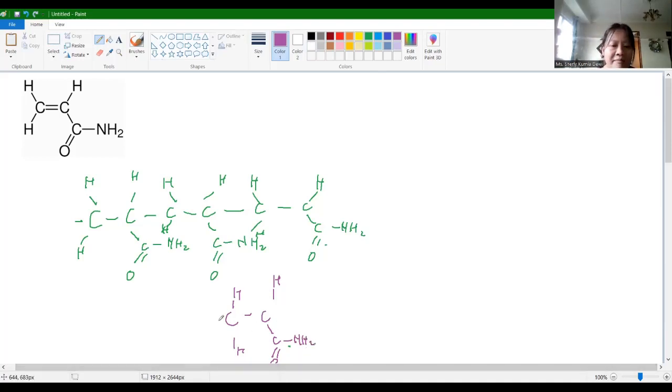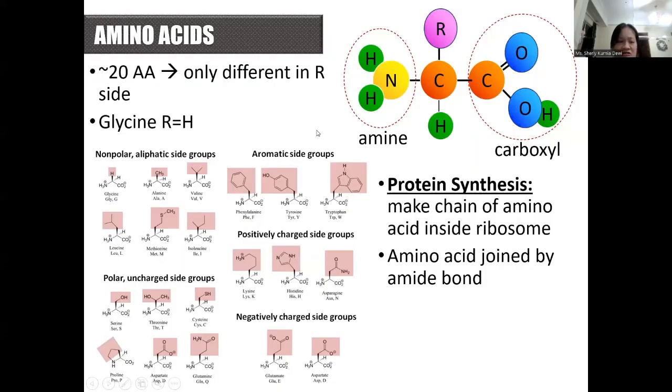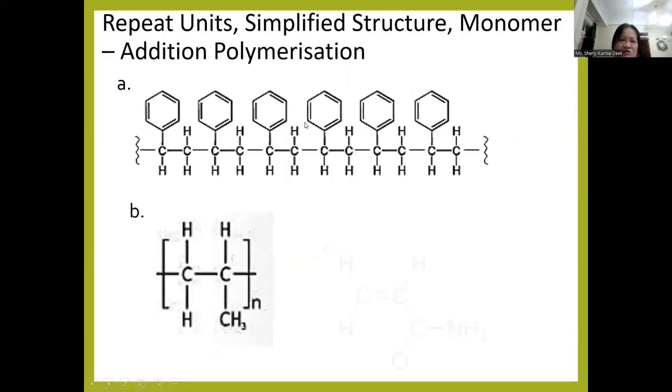If you want to make it simplified, you just put N here. Sorry, this is too large a molecule actually, so you write it here. And this is actually the example of polymerization by using condensation.